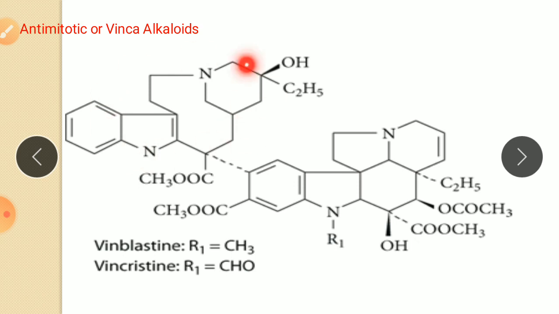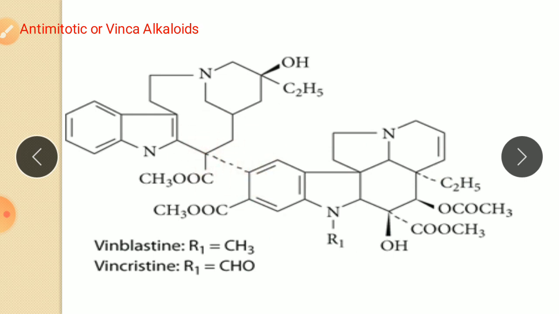The total part which contains the indole ring is called the catharanthine moiety, and the second part is called vindoline. This one is vindoline, which contains dihydroindole. Here there is no pi bond, so it is called dihydroindole. Both parts are attached through a carbon-carbon bond.